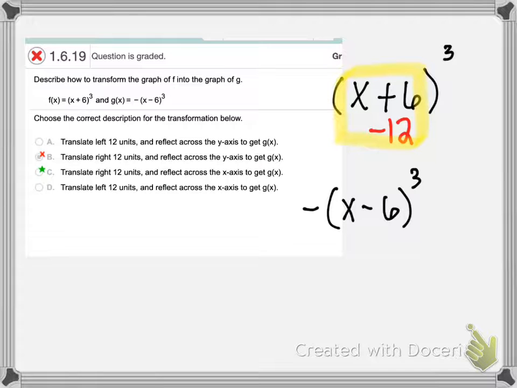So it's the opposite. And that's just because we're actually cubing that. It's a whole process of opposites inside the parentheses. So I have x plus 6 and I'm subtracting 12. Normally we would think about subtraction as to the left, but really subtraction means it's going to the right because it's inside the parentheses.